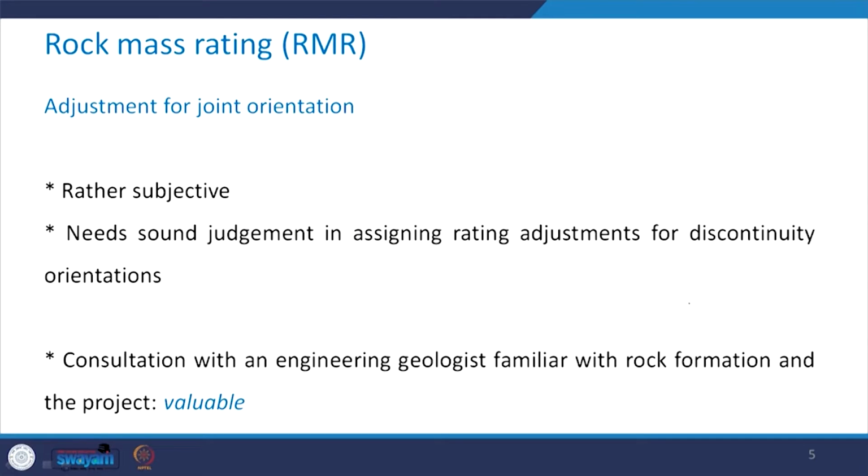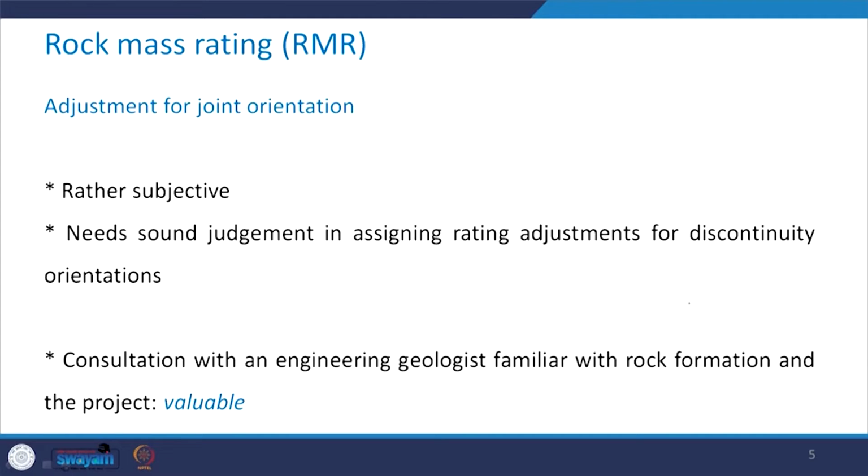So these are rather subjective. How will we be able to decide whether it is unfavorable, not that unfavorable, favorable, or fair? That is very, very subjective.